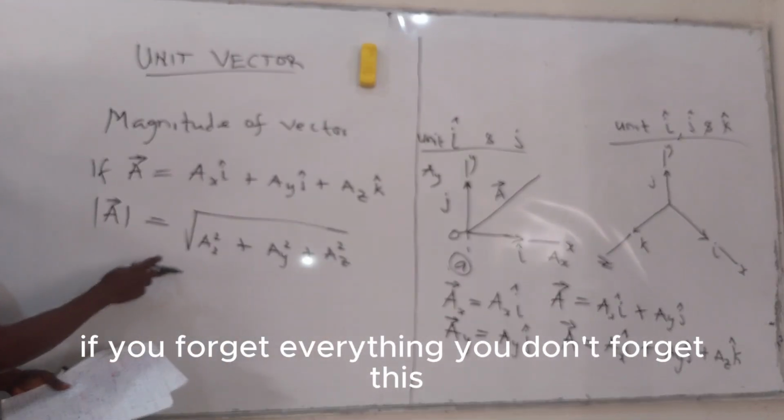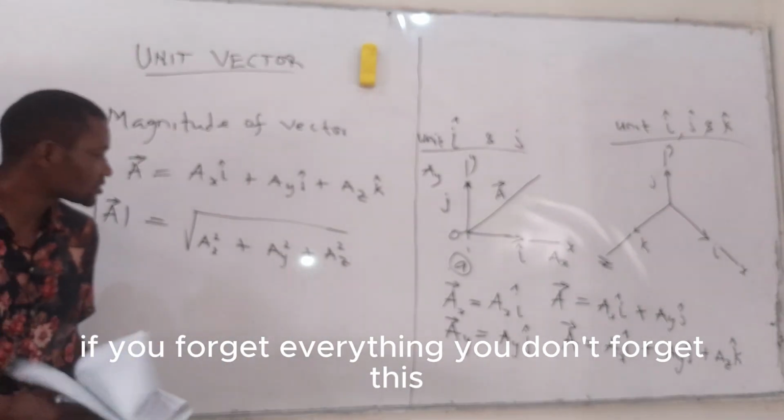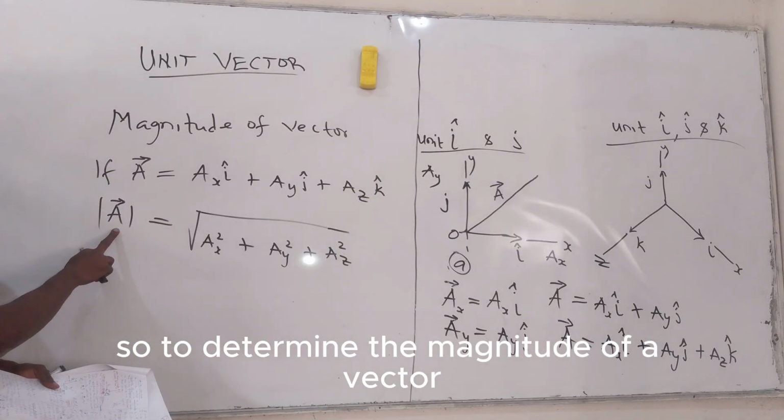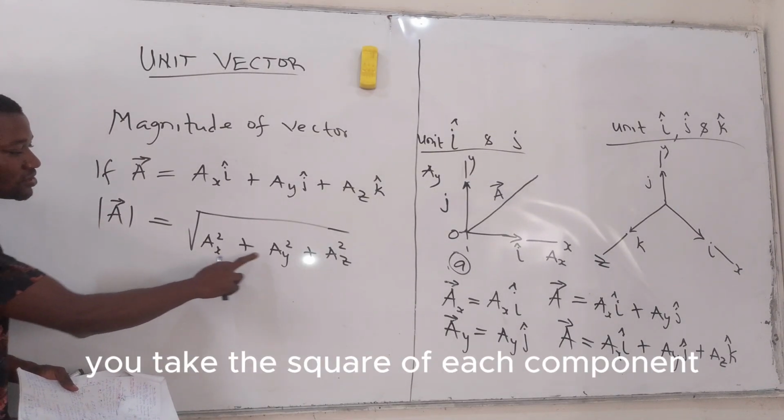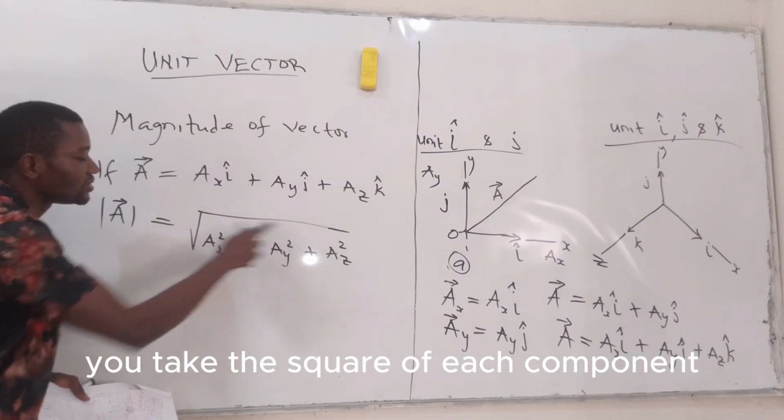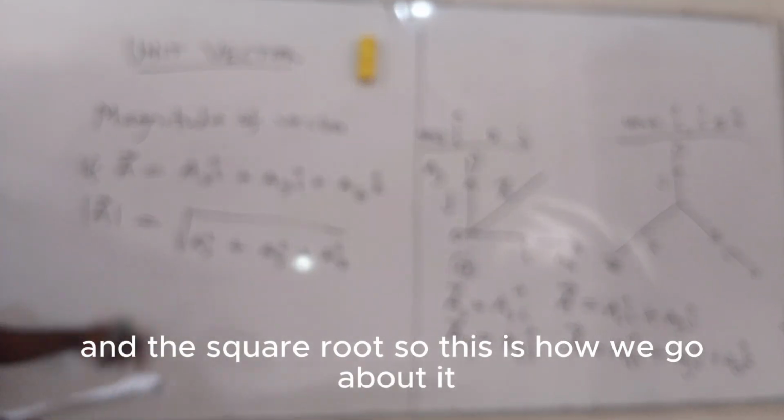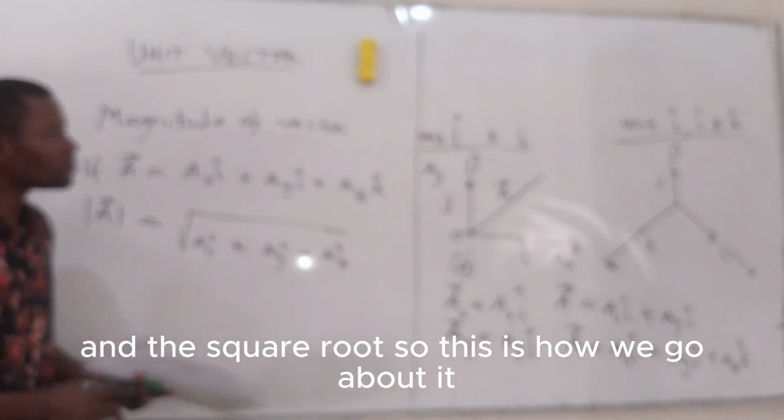So please, if you forget everything, don't forget this. To determine the magnitude of a vector, you take the square of each component and then the square root. So this is how we go about it.